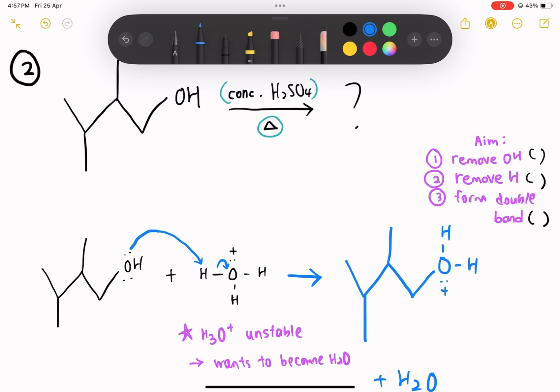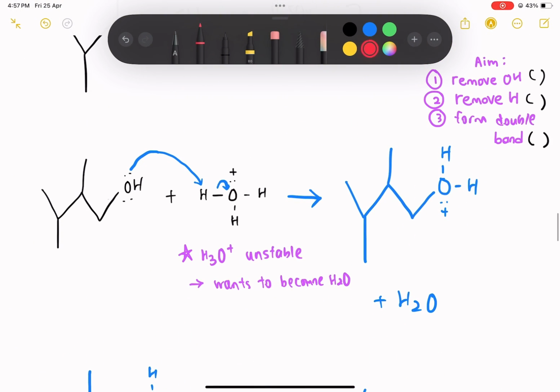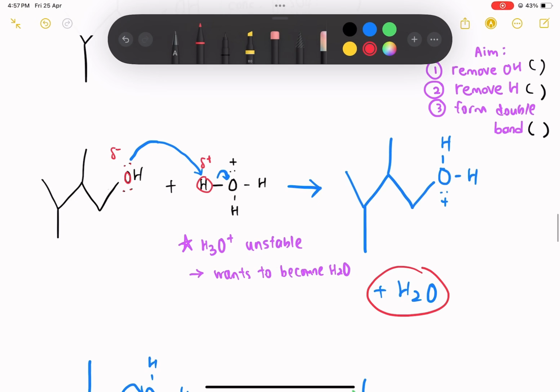So we need to make it become stable as before. So the bond between O and H will break in order to make this H3O+ become H2O. And then the remaining H will be taken by this highly electronegative oxygen, which is partially negative, and will attack the partially positive atom to form this structure.